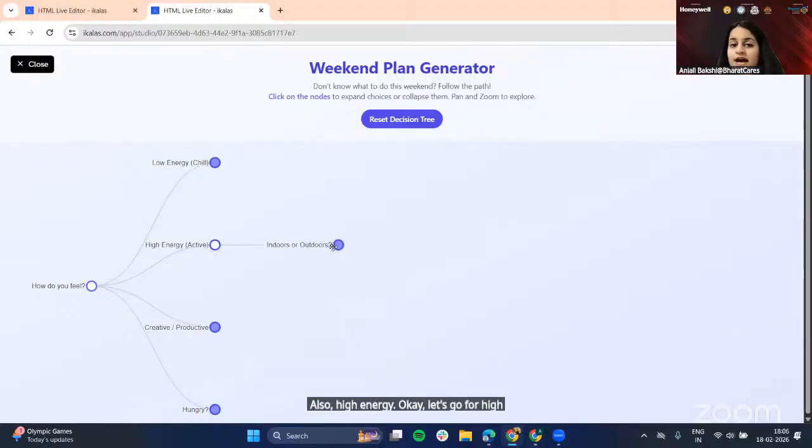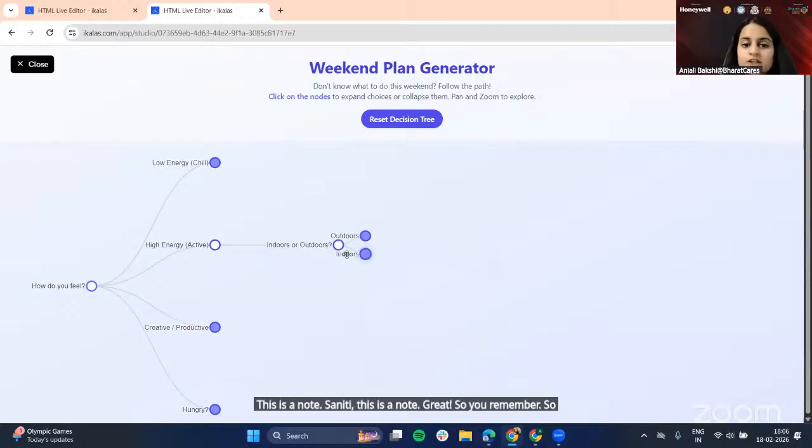So if I have high energy, what are these called? Low energy, high energy, creative, and hungry. These questions are called which nodes? Okay, KS Manu, decision nodes. Sanidhi, decision node. Great, so you remember.